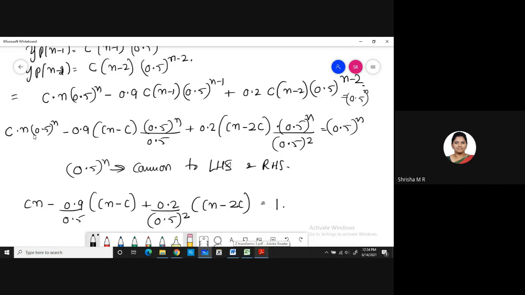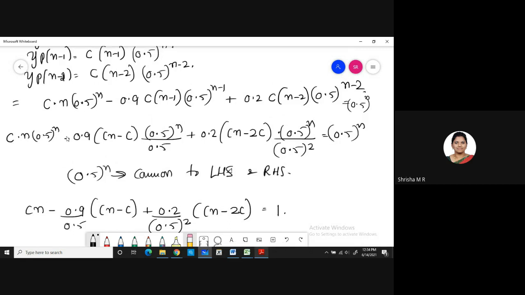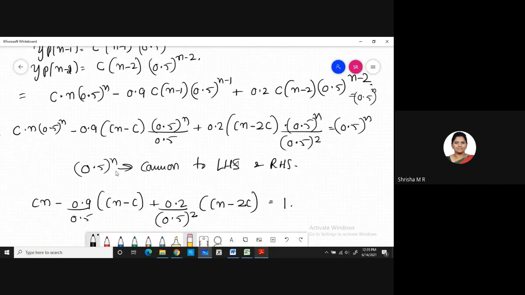So I have Cn into 0.5 to the power of n minus 0.9 into Cn minus C into 0.5 to the power of n divided by 0.5 plus 0.2 into Cn minus 2C into 0.5 to the power of n divided by 0.5 whole square, which is equal to 0.5 to the power of n. Because we are trying to take common terms for LHS and RHS so that we can cancel that out.